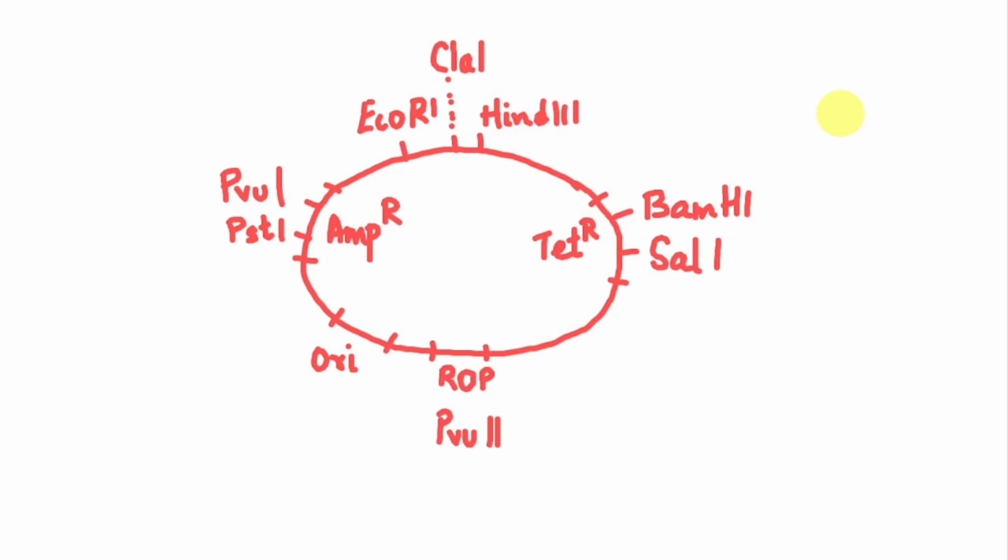So keep revising and redraw it, and when you draw it yourself, you will realize whether you know each and every name of the restriction sites, the markers, and the location of ORI and ROP. So practice this diagram, and you will be able to attempt such questions very easily. That's all about this topic. Thank you so much for watching my video.